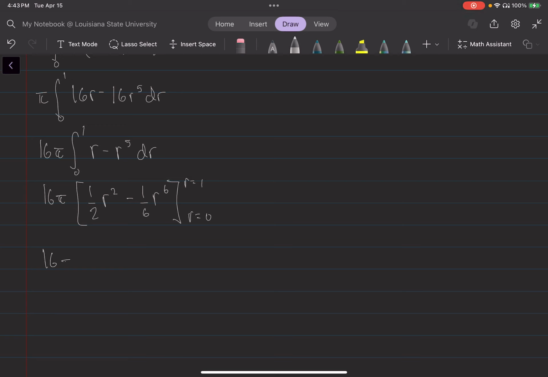So 16 pi, and then the upper bound is 1 and the lower bound is 0, so we just evaluate at 1. And then a half minus a sixth is a third, so 1/3, so 16 pi over 3. So that simplifies. Oh, no, it doesn't simplify. That's our solution.